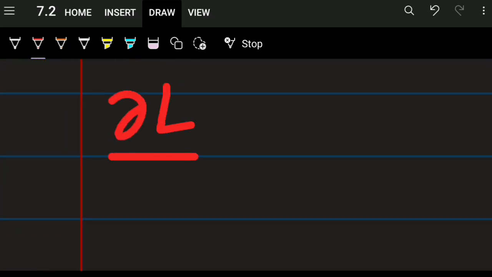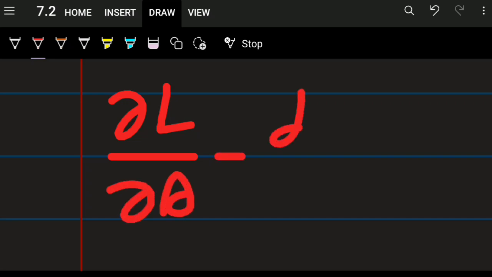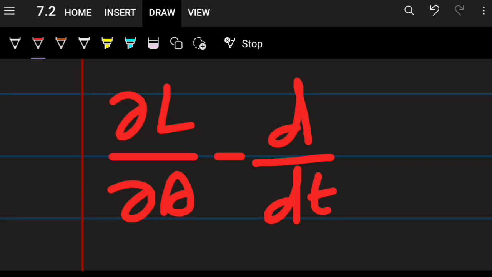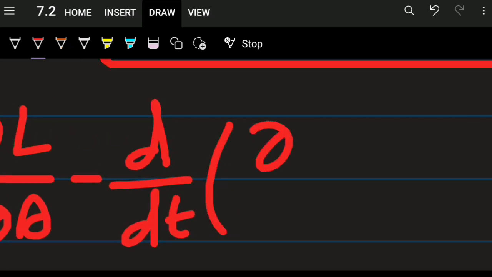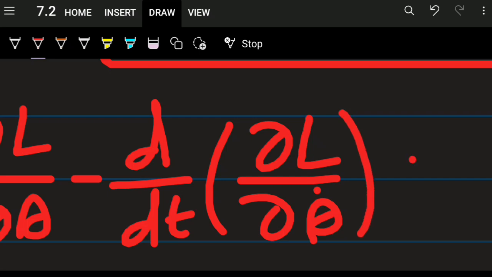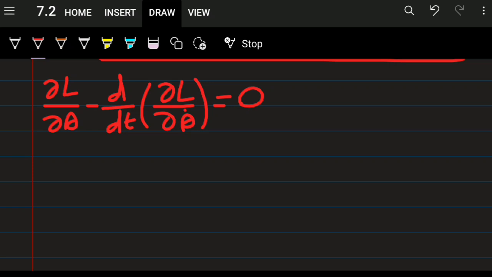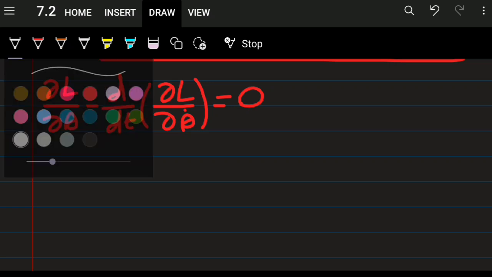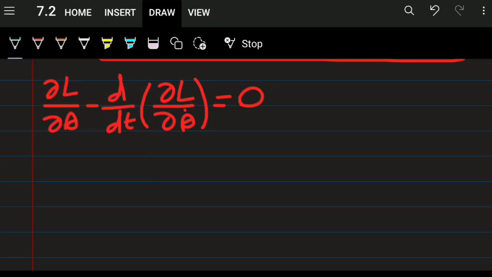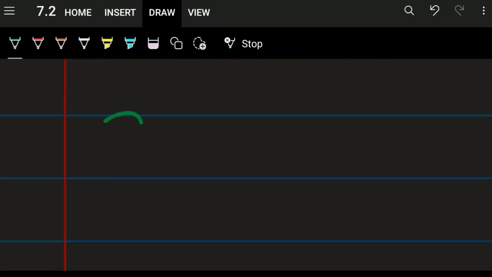Partial L, partial theta, minus d over dt of partial L partial theta dot equals 0. Start with the first term, partial L partial theta.